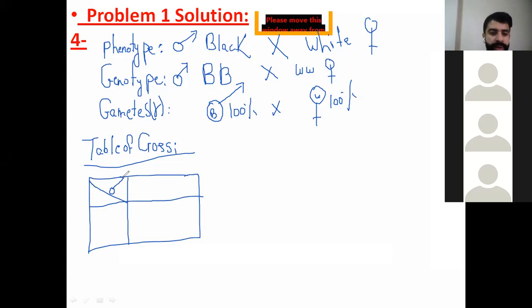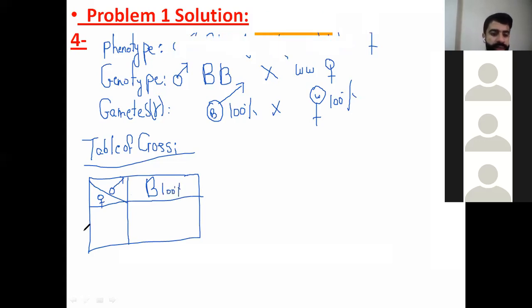What are the gametes for the male? They are B, 100%, and for the female W small, 100%. So both of them are B capital, W small, 100%. How did we get 100%? It's 100 times 100 over 100, so it's 100%. This is the table of cross.